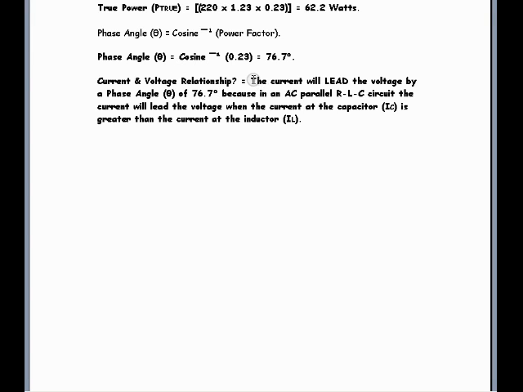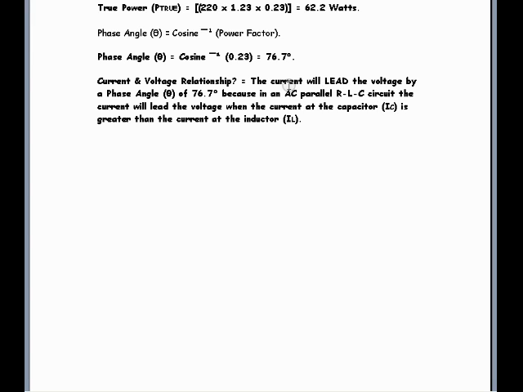But what's important to understand is that when the current at the capacitor in an AC parallel RLC circuit is greater than the current at the inductor, the current will lead the voltage. If the current is greater at the inductor compared to the capacitor, then the current will lag the voltage.